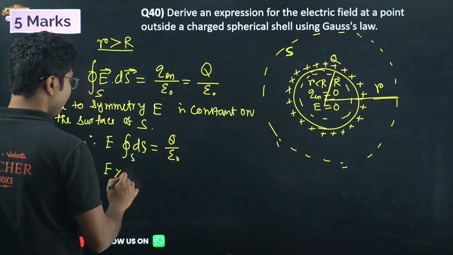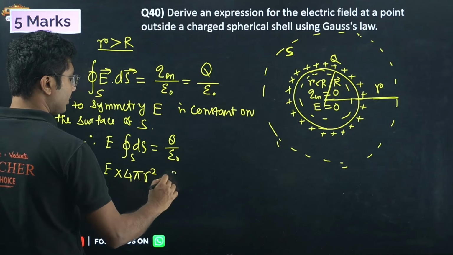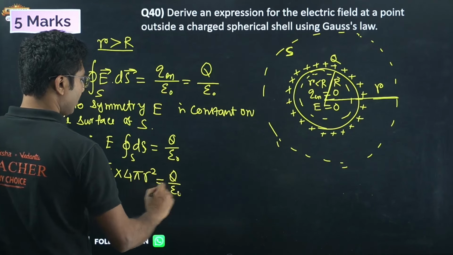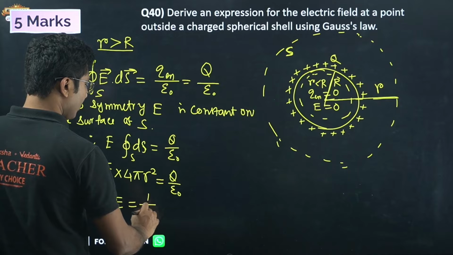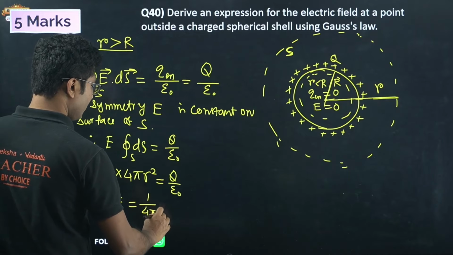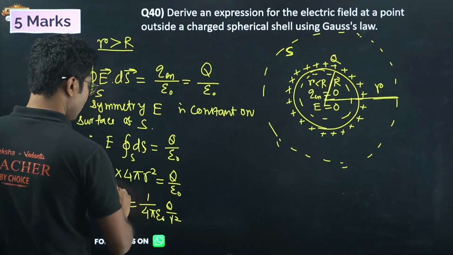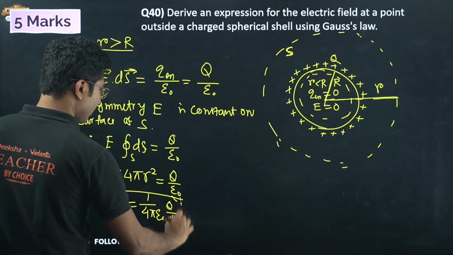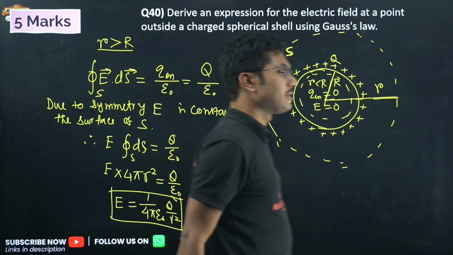So E times 4 pi r square equals Q by epsilon naught, and from here you can calculate the electric field: E equals 1 by 4 pi epsilon naught times Q divided by r square. This is the formula for the electric field outside the charged spherical shell.